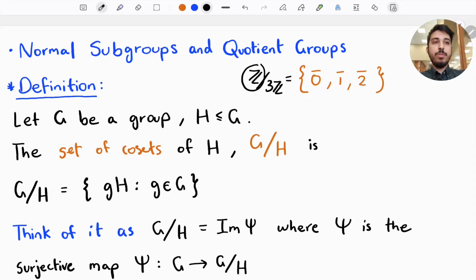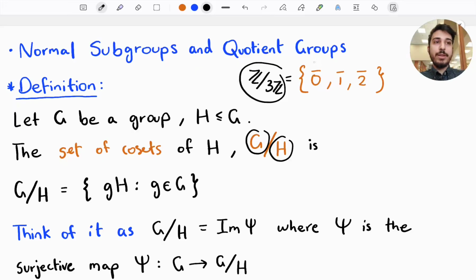So this is my group G, and this is my G/H. But hey, we've seen this notation before, Z/3Z. This is the cyclic group of 3 elements. This is the elements modulo 3. What is going on? Well, it turns out that when we take the elements modulo 3, we're essentially ignoring all of the information on the integers except whether they are divisible by 3 or not.